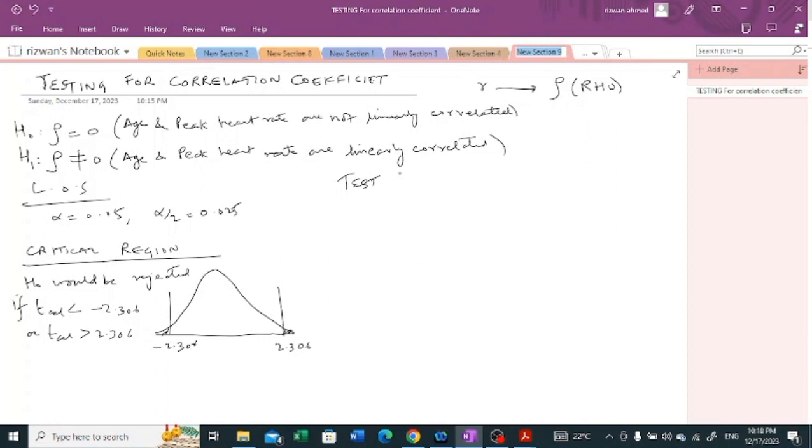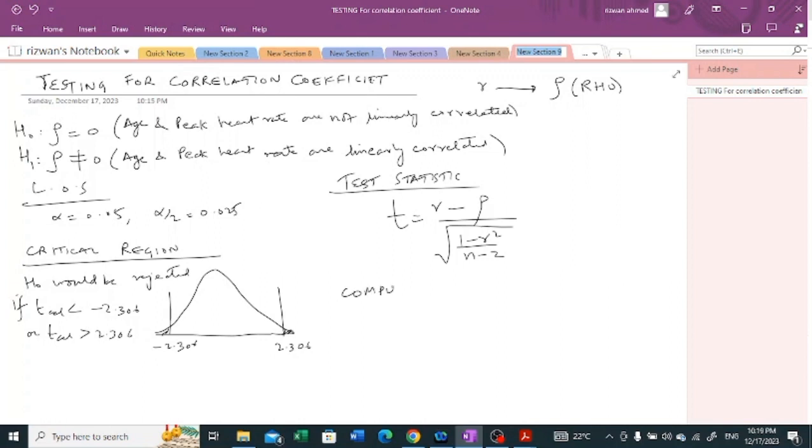Now we write down the test statistic, and that has a very simple formula. T equals R minus rho divided by the square root of 1 minus R squared divided by n minus 2.